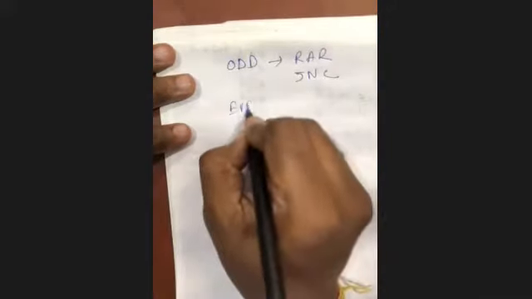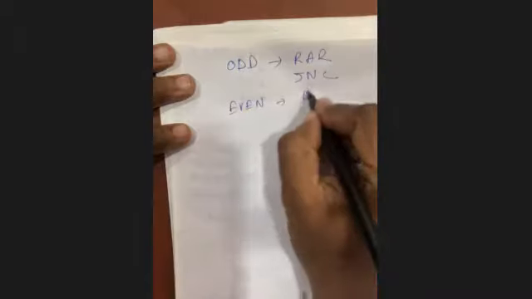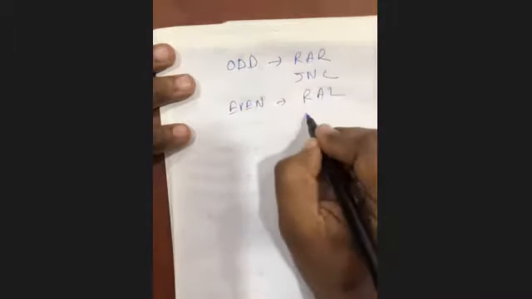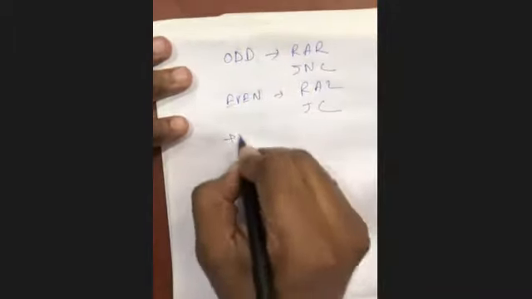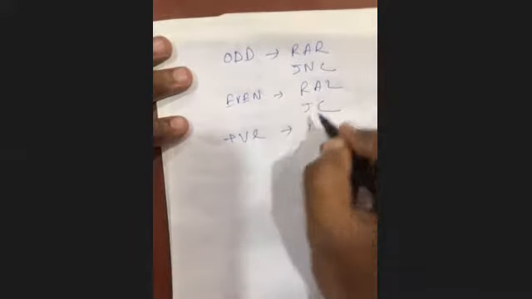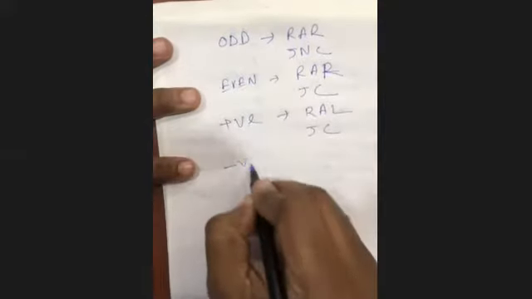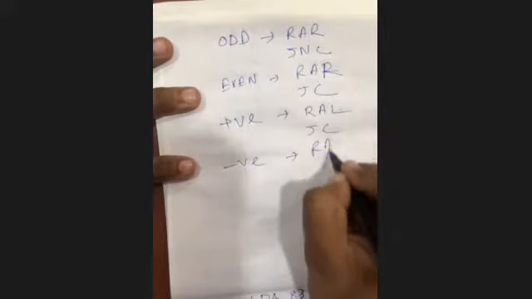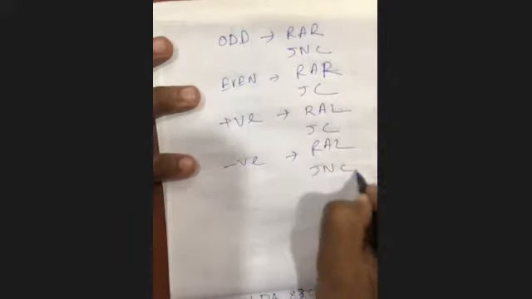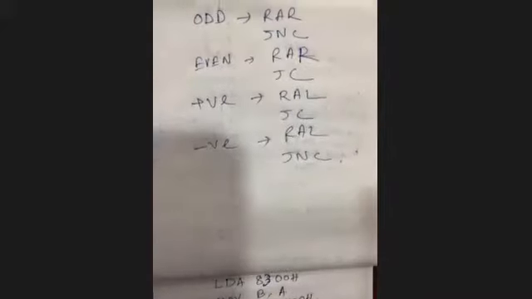For even, RAR and JC. For positive, RAL and JC. For negative, RAL and JNC. Okay, yes, sir.